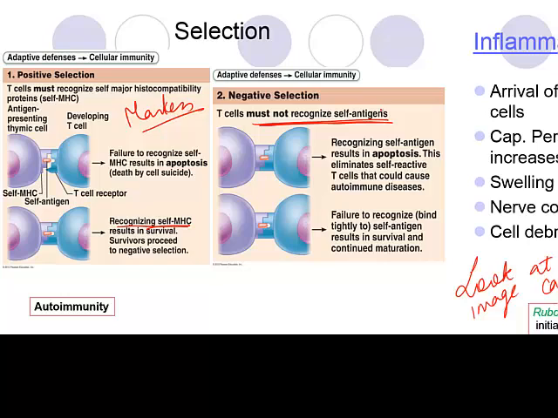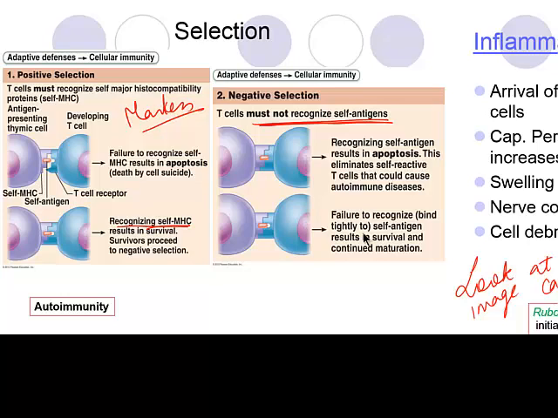That means they're not sure whether they recognize or they don't recognize. So they're programmed to become immunotolerant. They are pushed towards not recognizing, so that they won't recognize your body's antigens.